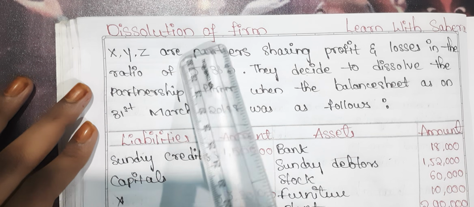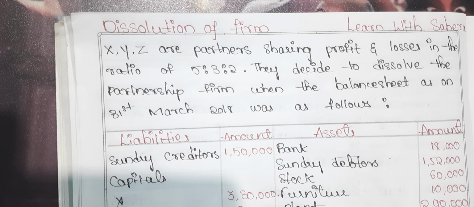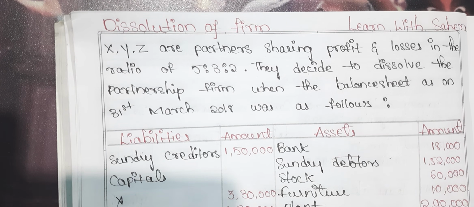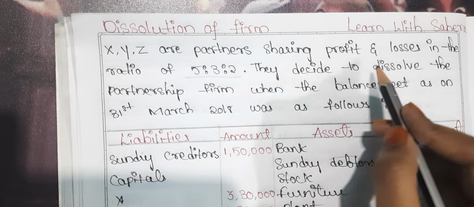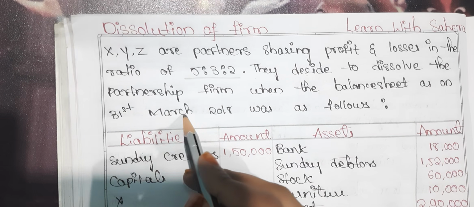X, Y, Z are partners sharing profit and losses in the ratio of 5:3:2. 5:3:2 is really very important. This is the profit sharing ratio of XYZ. They decide to dissolve the partnership firm, with the balance sheet as on 31st March.